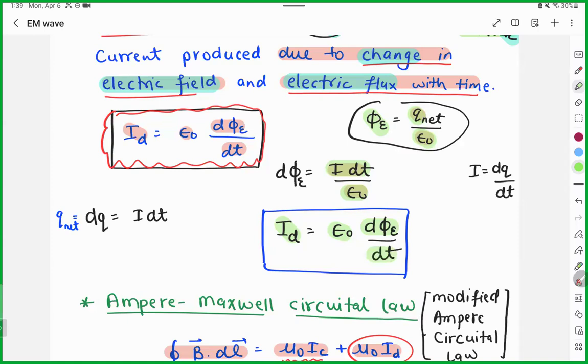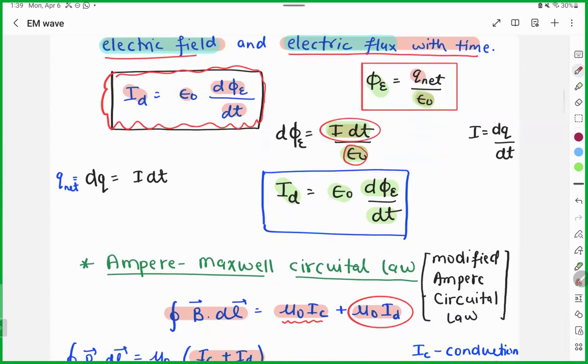Can you prove this formula easily? What is the benefit of proving the formula? You also revise other formulas. Electric flux is equal to charge by epsilon naught. Current is equal to charge by time. So instead of charge, I will write current into dt. So this epsilon naught will go to the other side, dt will go to the other side. Any doubt?